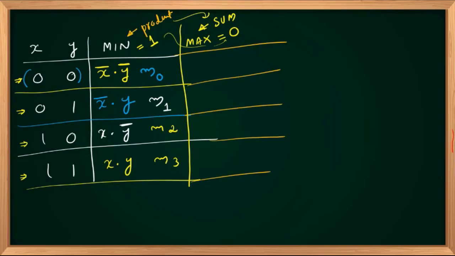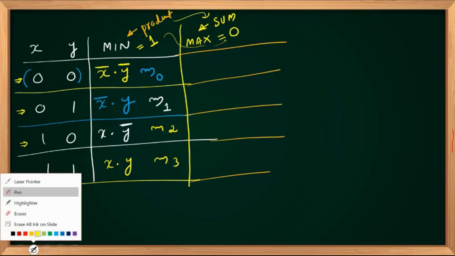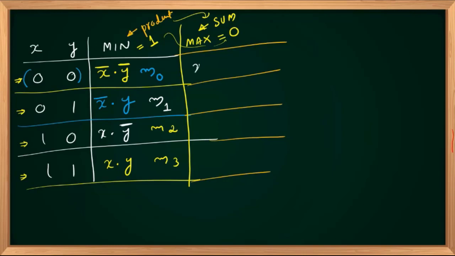Look at the first entry, x equal to y equal to 0. We should write a sum term in terms of x and y that returns a 0. It's very simple: x OR y. It's a sum term, and that sum results in logic 0 for the first combination 0, 0.